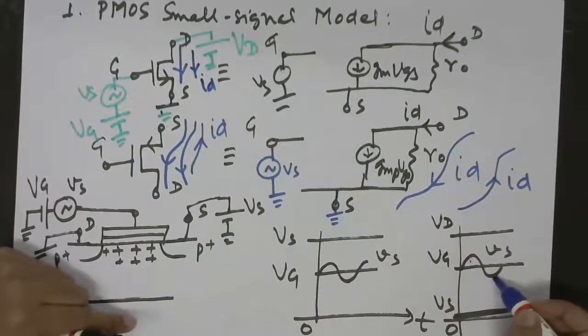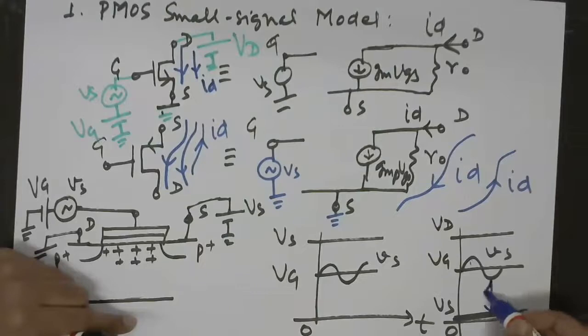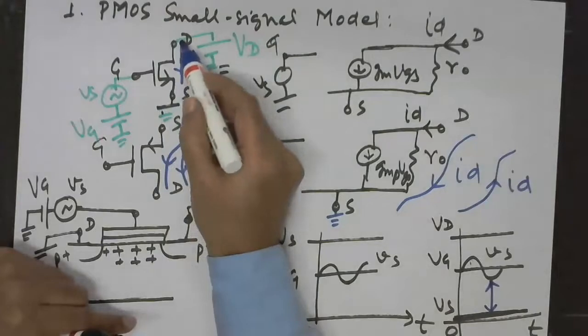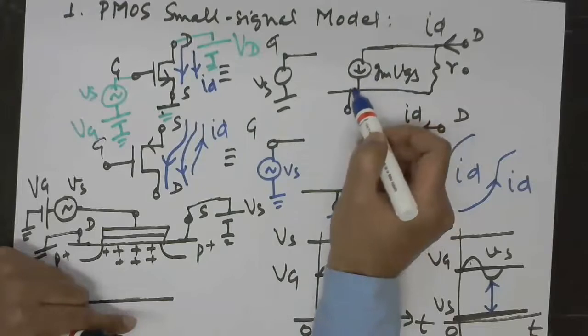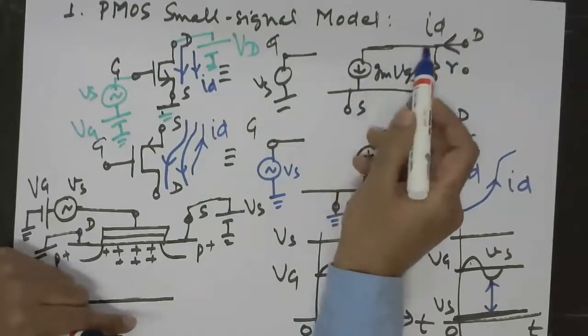Now during the second half, when Vs is smaller or negative, you can see that now we have a smaller gate to source voltage applied to the MOS. So now the net current from drain to source should be less, but the DC current is going to be same because VG is same, and time varying current is now negative, from the source to drain.